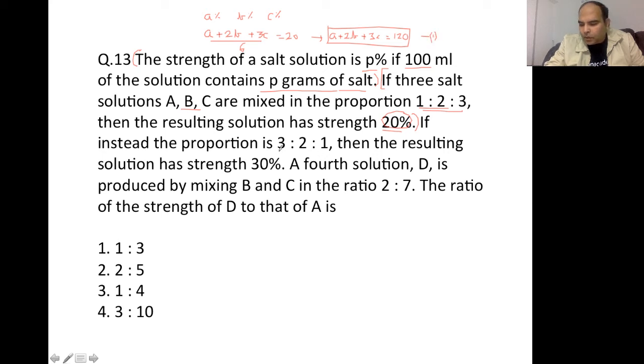The question further says, if instead the proportion is 3 is to 2 is to 1, then the resulting solution has strength 30%. So looking through the same logic, this will give you 3A plus 2B plus C is equal to 180.